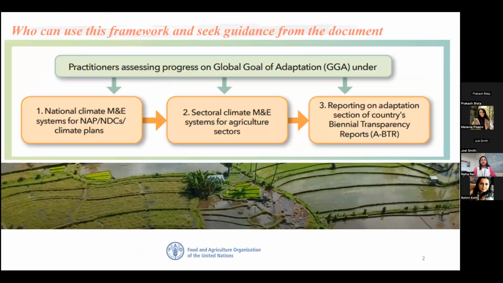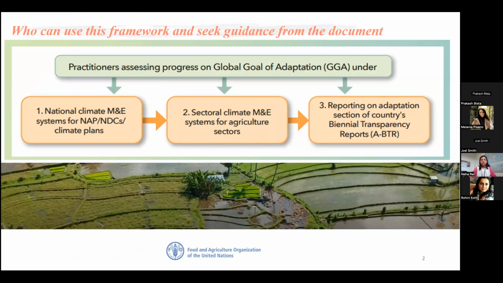Now, who is this metric framework targeted towards? If you want to look at the publication, it is primarily towards national decision makers and M&E experts, as well as governments who are trying to monitor, evaluate, learn, and report on adaptation outcomes under national and international mechanisms.